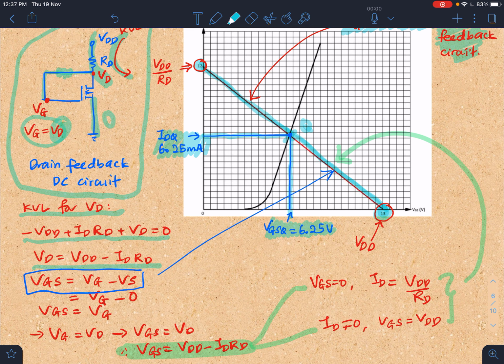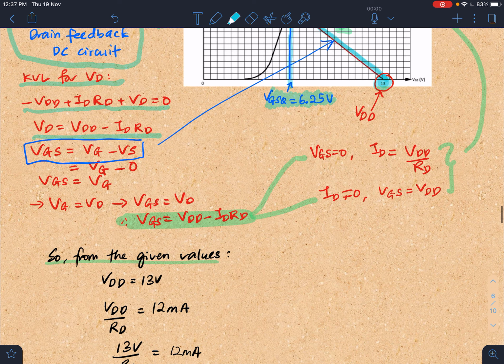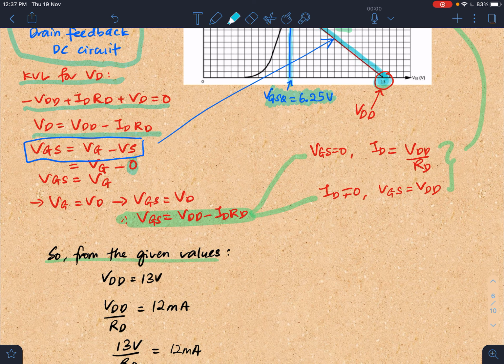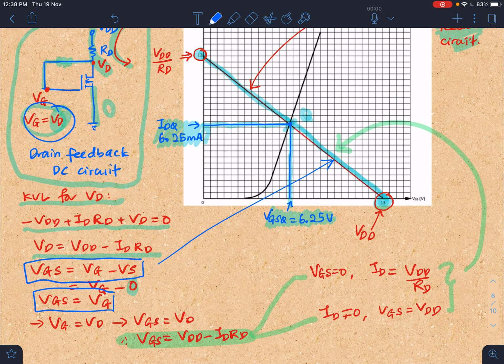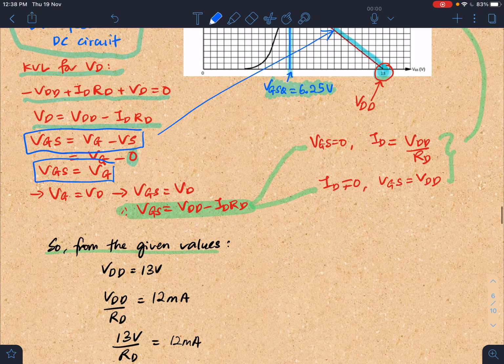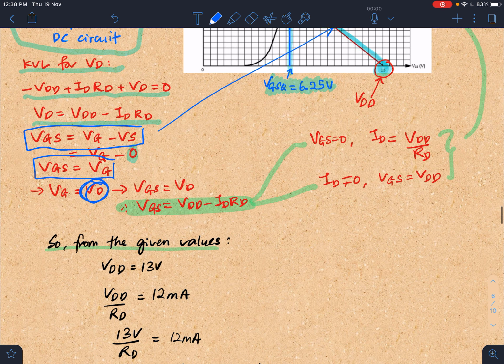So VGS equal to VG. Because VG equal to VD, VG becomes VDD minus IDRD.